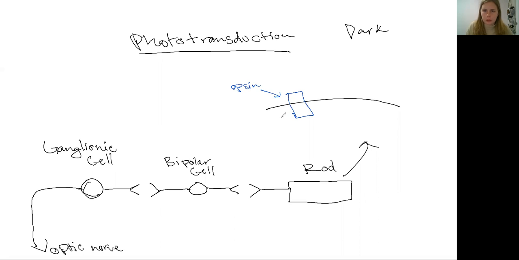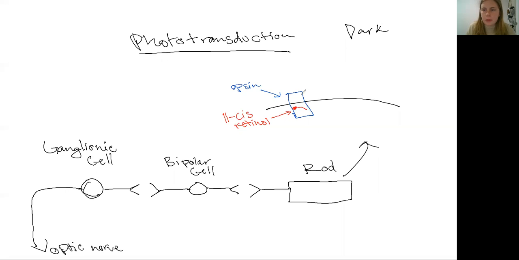And then there's this red thing in there, and the red thing is called retinol. This type of retinol is 11-cis retinol because it is bent. So that is 11-cis retinol.